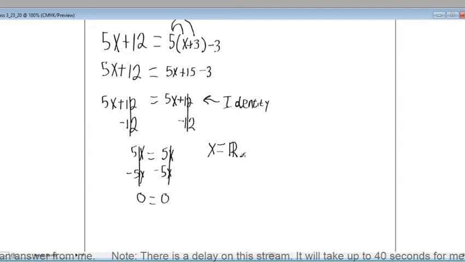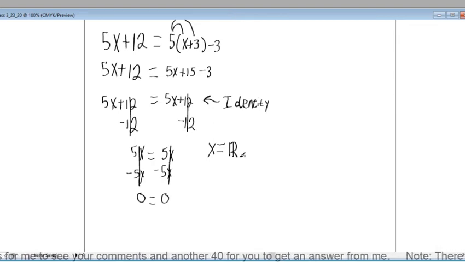Okay, so again, this is called an identity. Identities look like any other equation. There's nothing weird going on here until we solve it. But the way that you know you have an identity is if you have some value exactly equal to the exact same value. So like we had before, 5x plus 12 equals 5x plus 12.